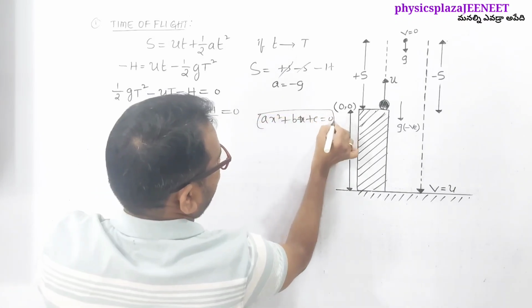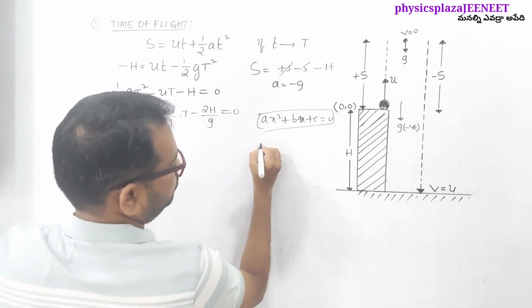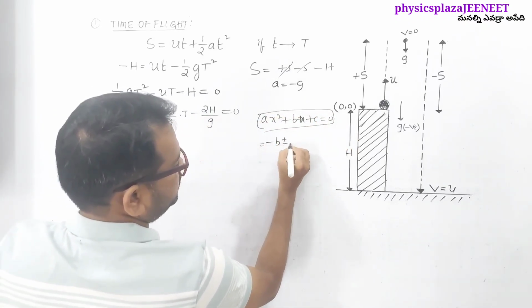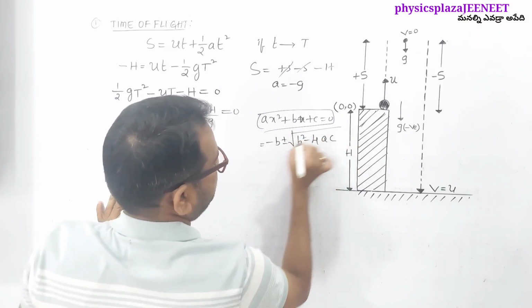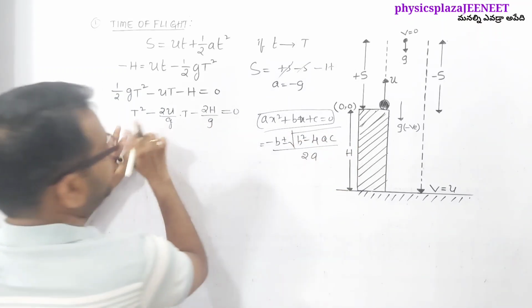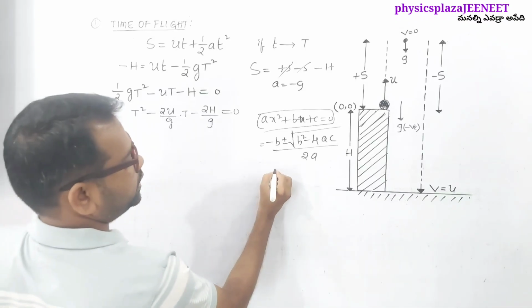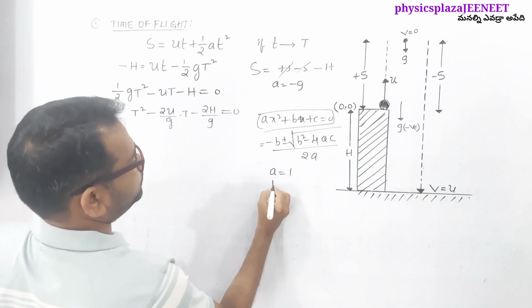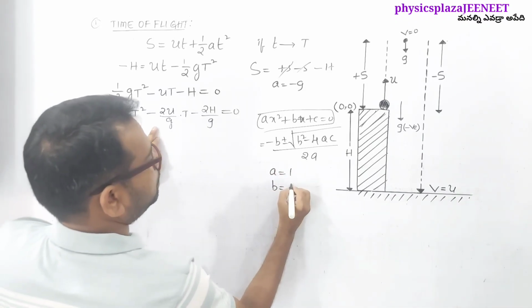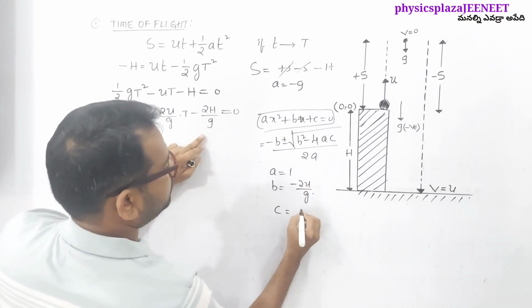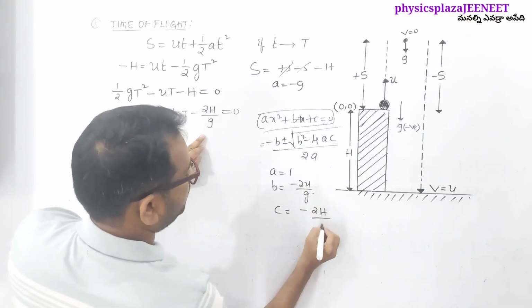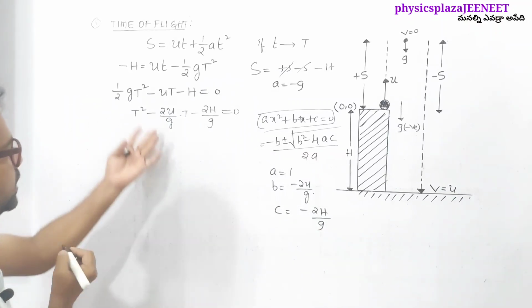So for this, children, how to find out the roots? We know that roots can be minus b plus or minus square root of b square minus 4ac by 2a. Just compare now. So here a is equal to 1, b can be minus 2u by g and c can be minus 2h by g. Now let us substitute in this.